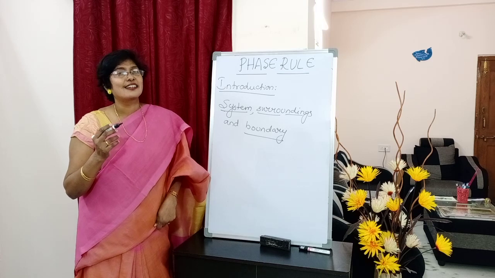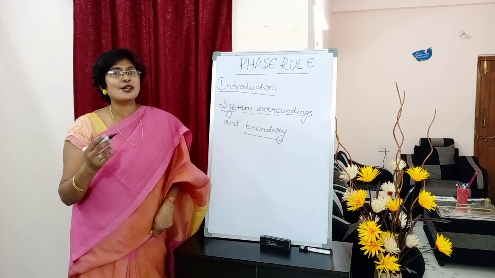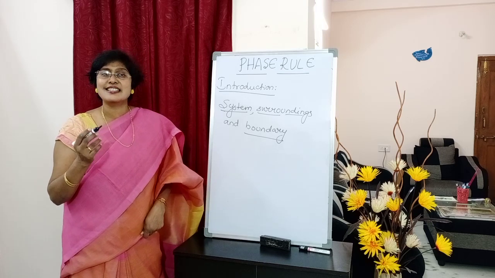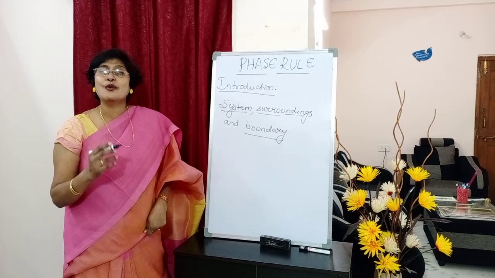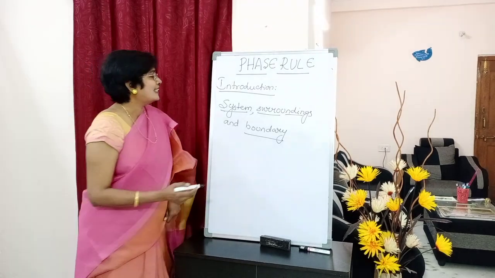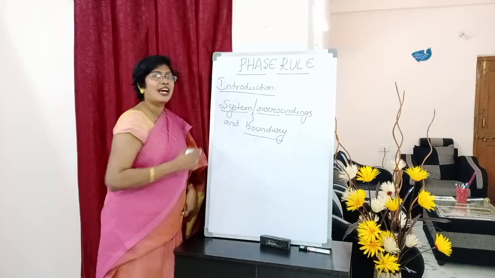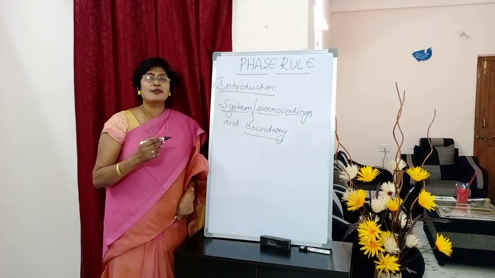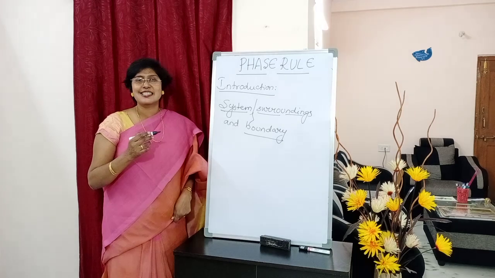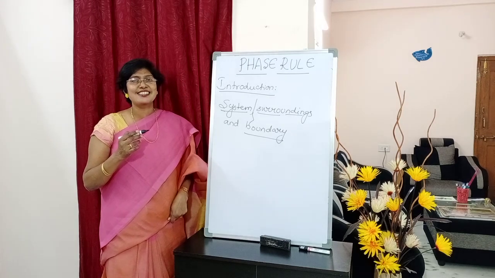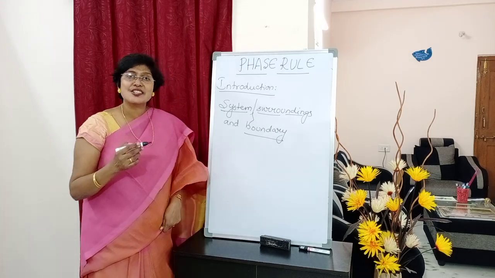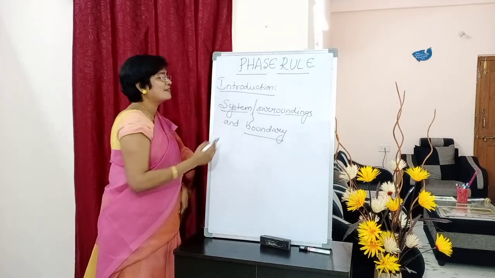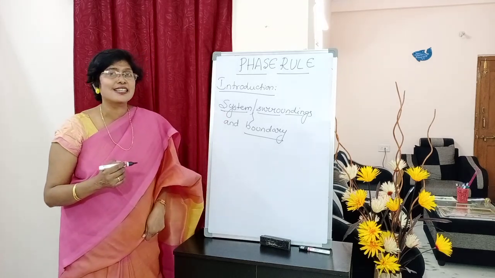Then what is surroundings? Rest of the system we call as surroundings. Then what is a boundary? The real or imaginary line which separates system from surroundings is called as boundary. Okay students? The real or imaginary line which separates system from surroundings is called as boundary.